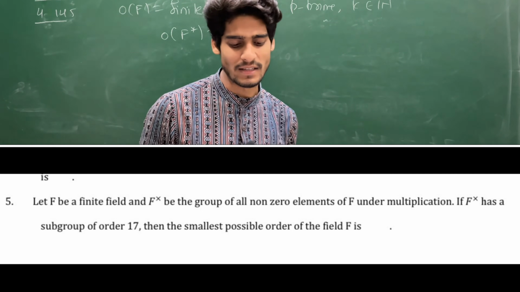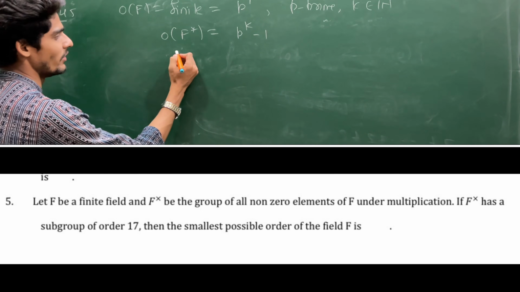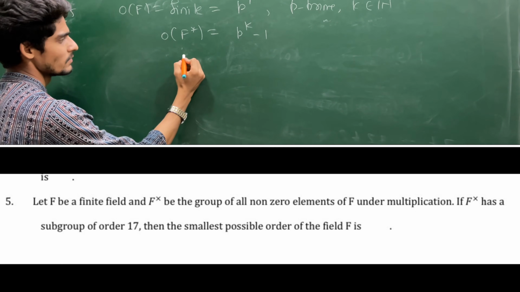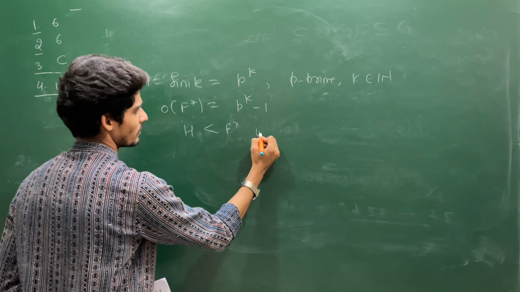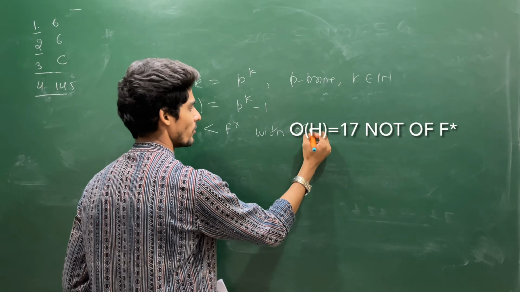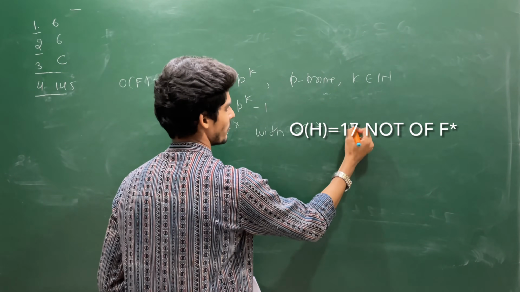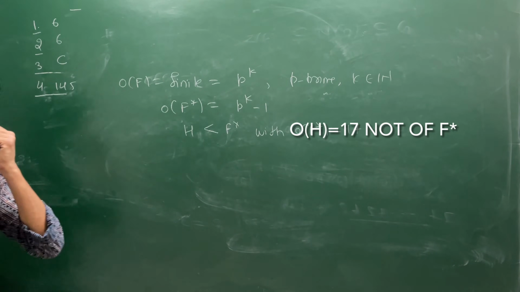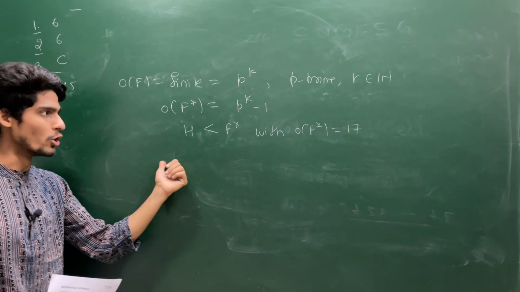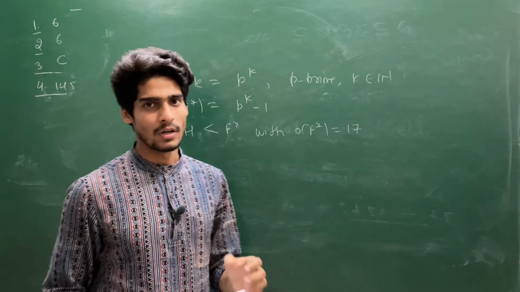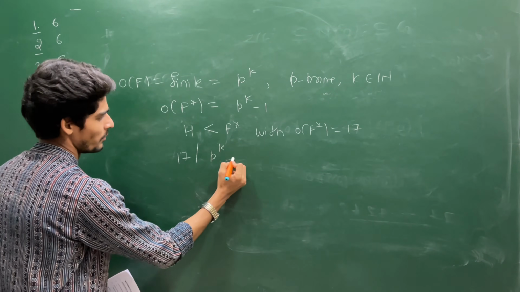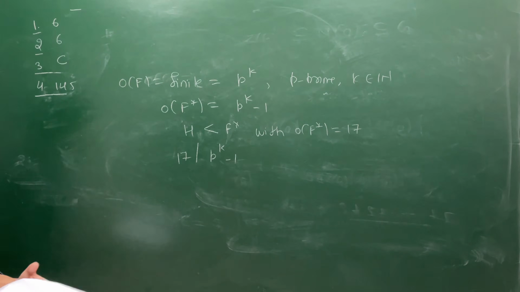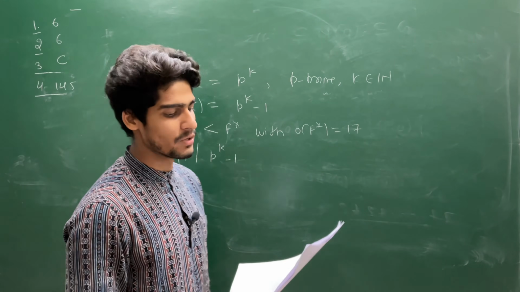If F star has a subgroup of order 17, we have been given that H is a subgroup of F star with order 17. You know the Lagrange theorem: the order of a subgroup divides the order of the group. So I can surely say 17 divides p power k minus 1. They are asking the smallest possible order of the field.